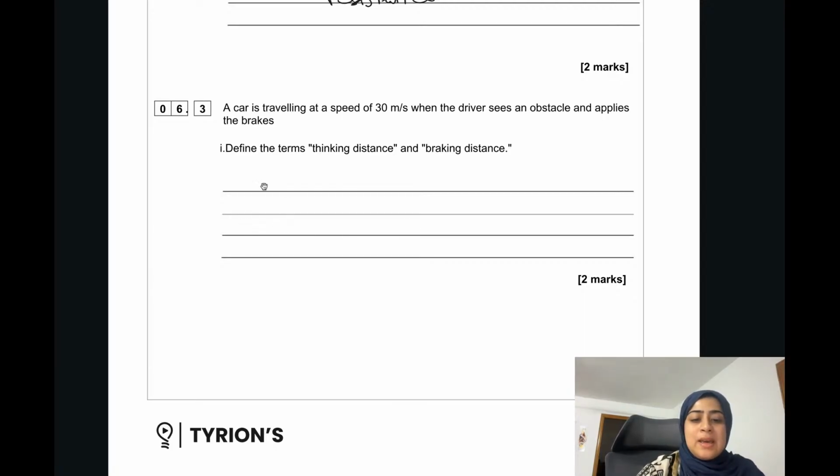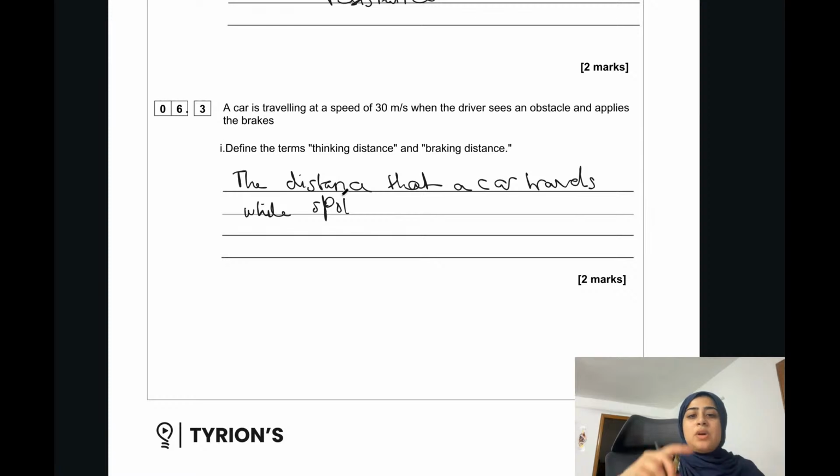Thinking distance is the distance that a car travels between spotting the hazard and touching the brakes. I'm not going to write the whole thing. And then the braking distance is when you put your foot on the brakes and then the car stops.